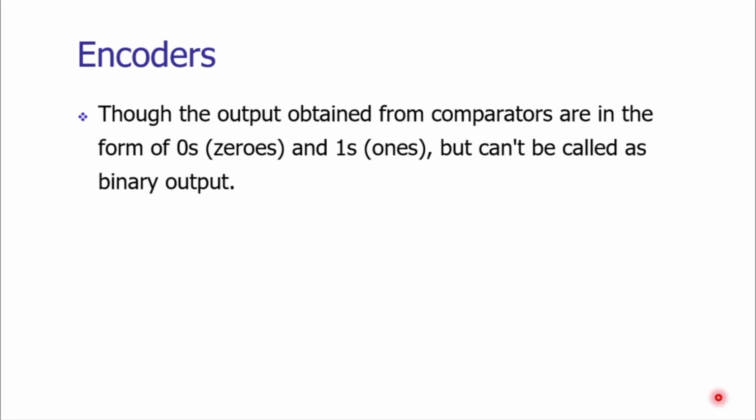But the outputs given by the comparators, though they are in the form of zeros and ones, we cannot call them the binary output. The microprocessor essentially requires the binary output which has a certain meaning.